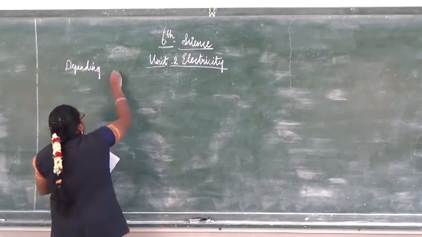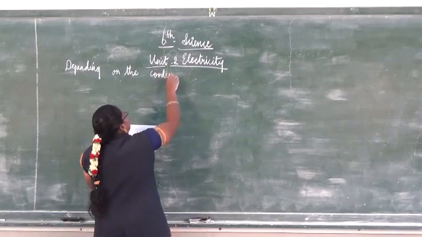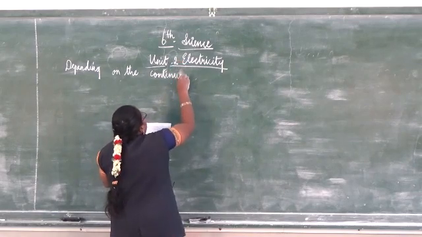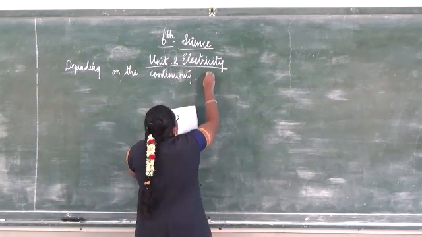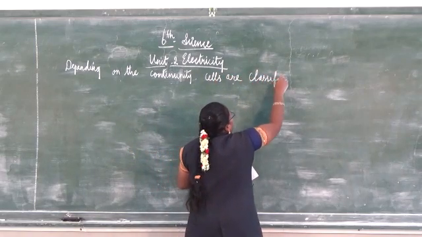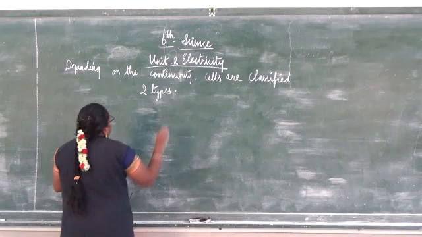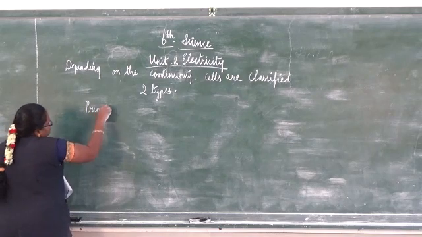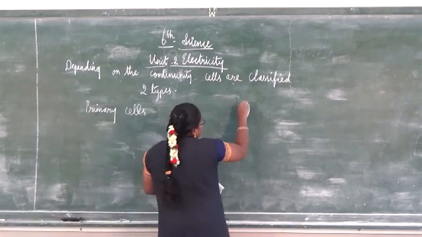Cells are classified into two types: one is primary cell and the other is secondary cell.